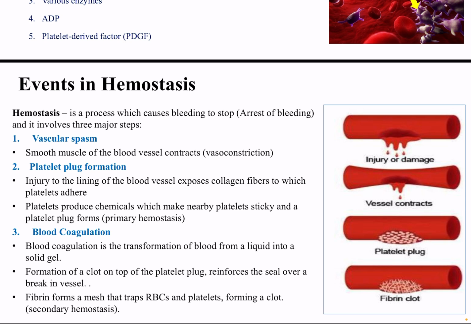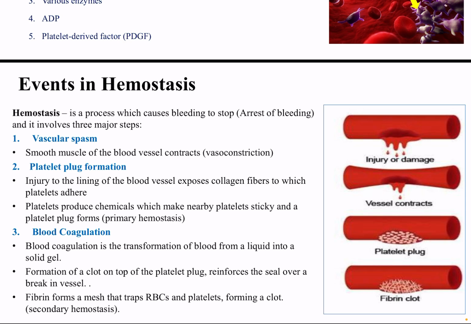The main factor needed to trigger all of these activities is exposure of collagen. Upon injury, the collagen will be exposed. Normally, no collagen is in contact with the blood flow. But at any part of the blood stream where disruption of endothelial cells occurs and collagen is exposed, this will lead to formation of the clot.